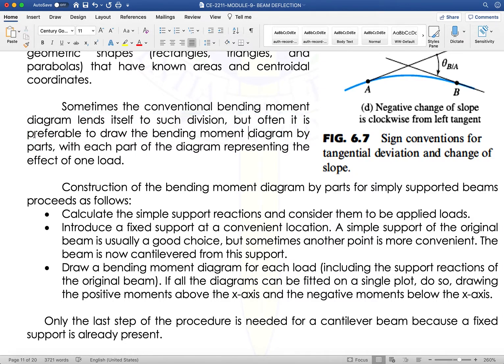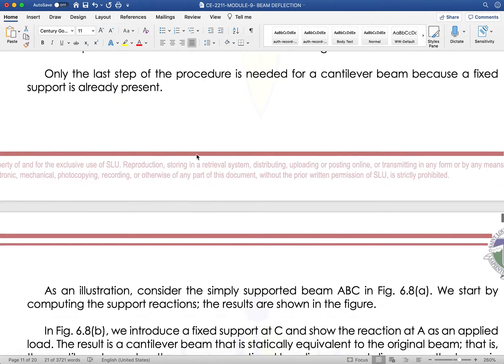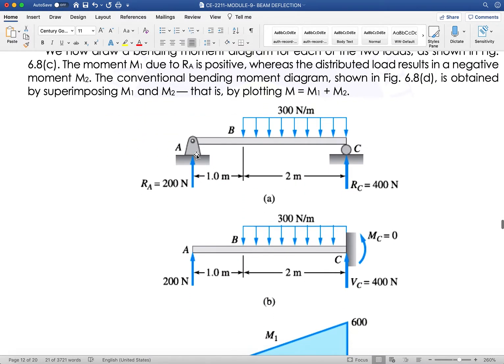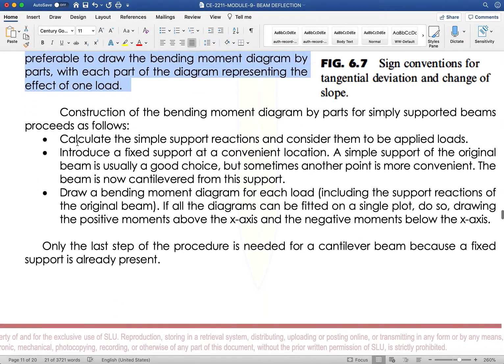I repeat, it is preferable to draw the bending moment diagram by parts, with each part of the diagram representing the effect of a load. Okay, so for the procedure: calculate the simple support reactions and consider them to be applied loads.